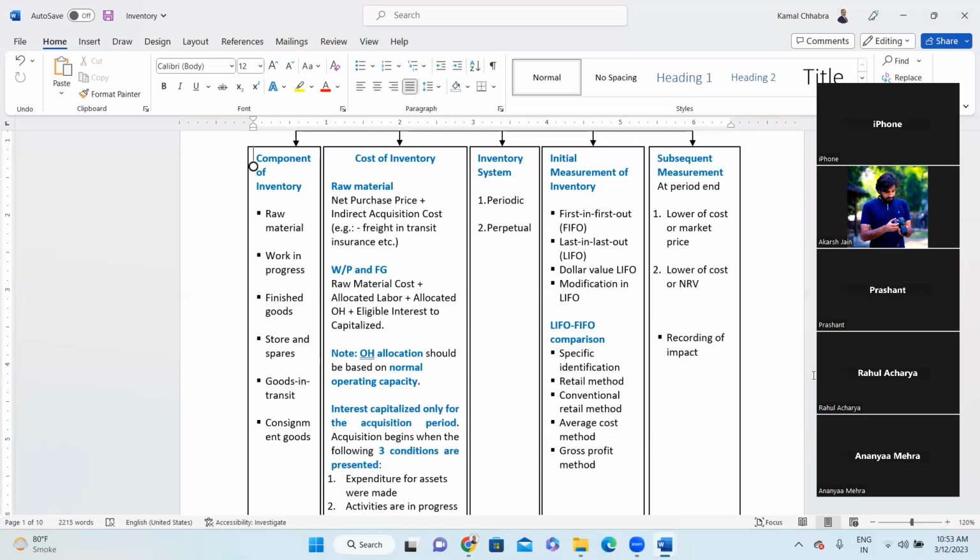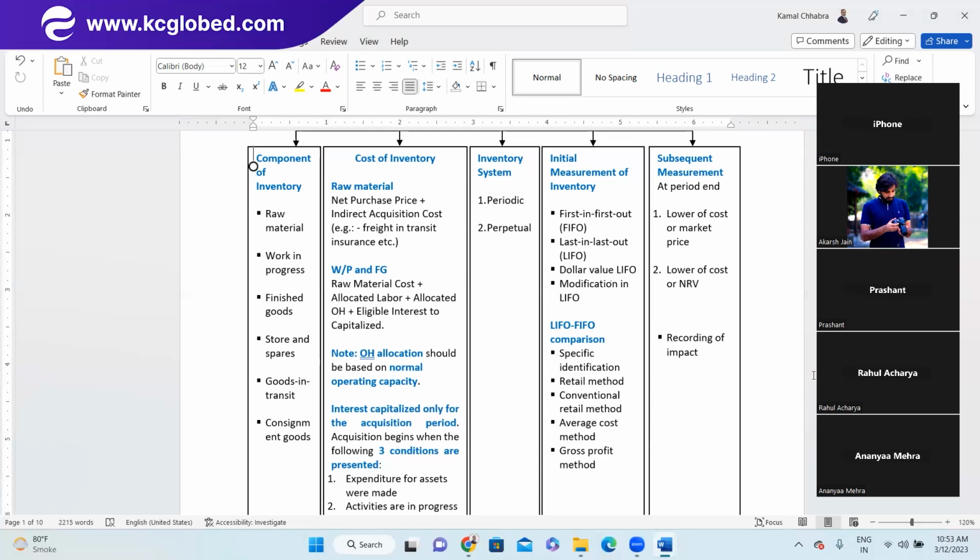Yes. Just give a random example of a few companies, and then let's think about whether they will be maintaining inventory on a perpetual basis or periodic basis. Any mom and pop shop, whether they will maintain inventory on a perpetual or periodic basis. Which company said periodic?